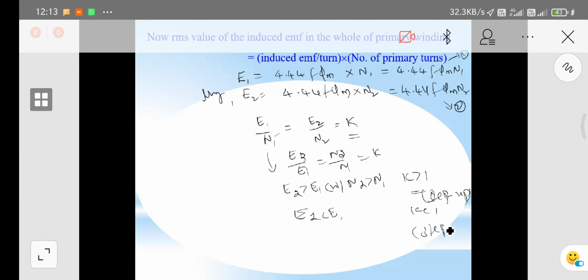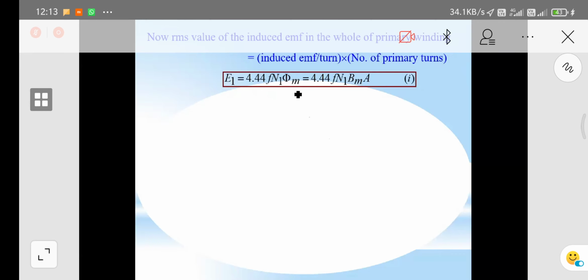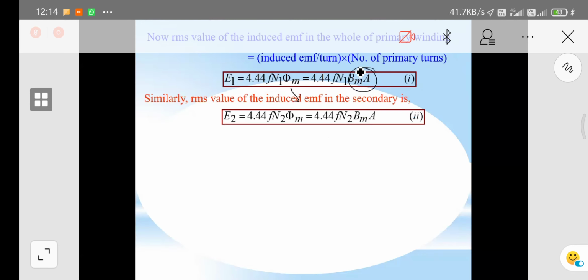So let us see what you are getting. Here you can see E1 is equal to 4.44 f Φm N1, where Φm is nothing but Bm into A. Similarly, the RMS value of induced EMF in the secondary is E2 equal to 4.44 f Φm N2.